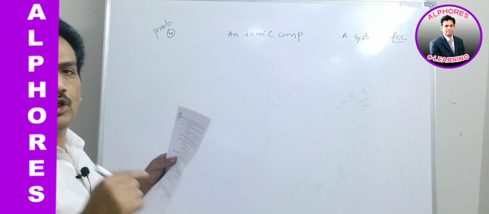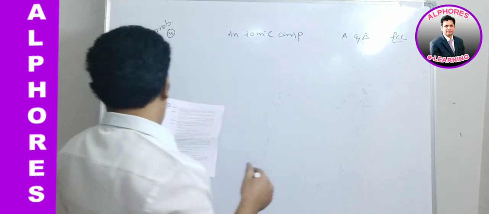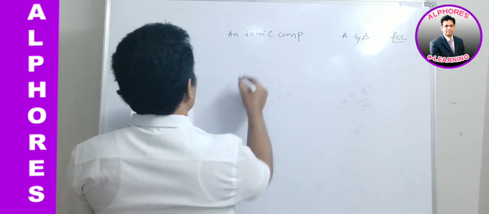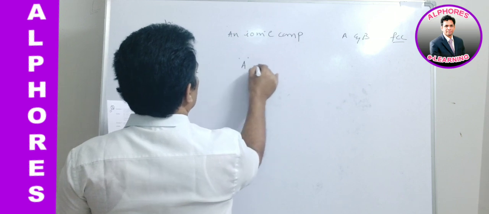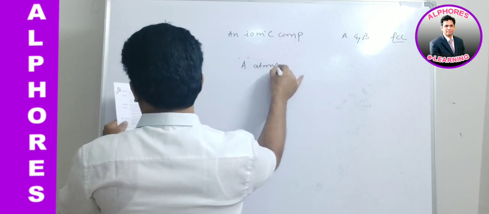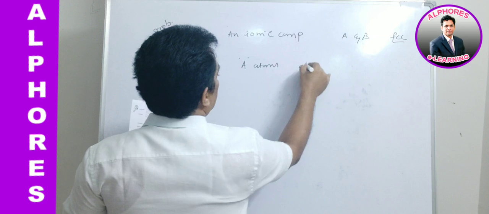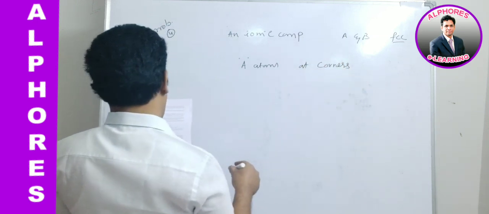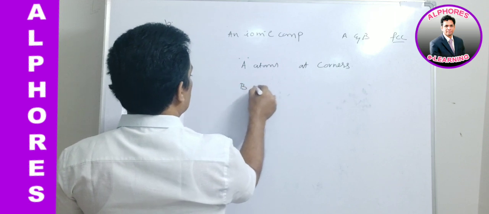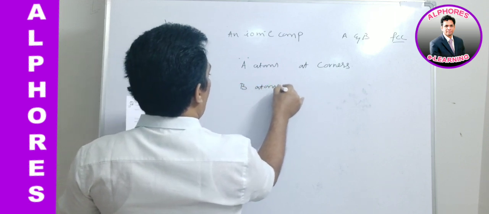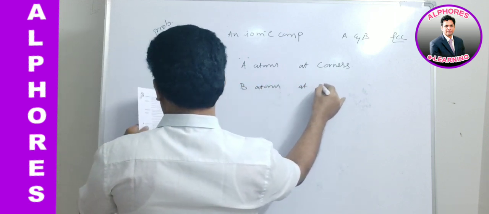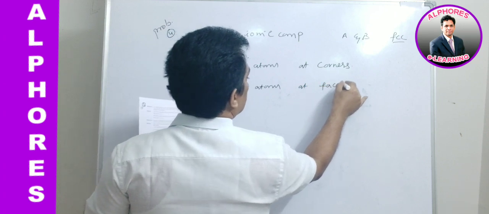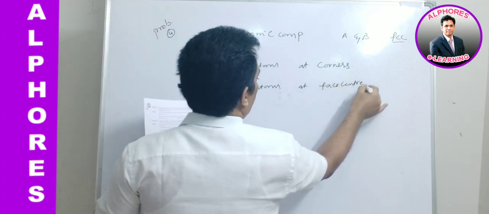Face centered cubic structure. And here A atoms are arranged at corners, and B atoms are at face centers. This is the condition given.